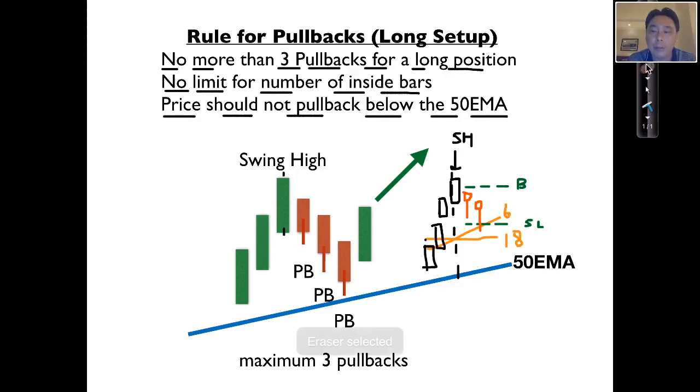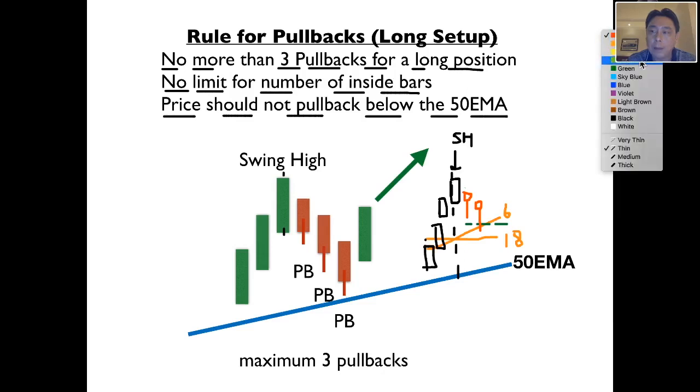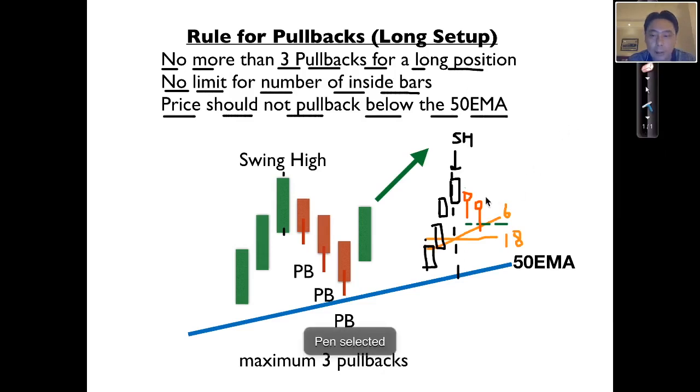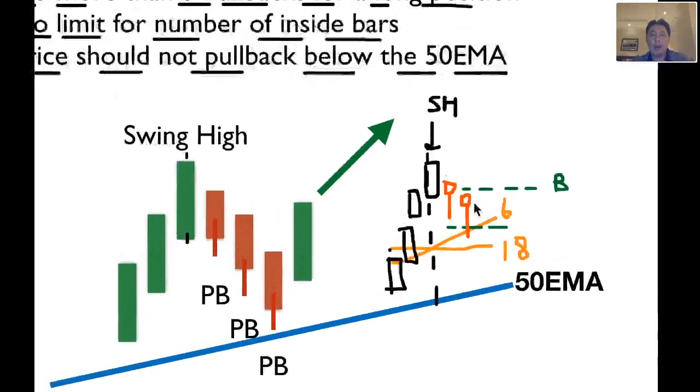In this case, I will then cancel my initial buy order, cancel my initial stop loss, and now my new buy order will be above the high of this candle, because this is the last pullback that we have. So initially this was the trigger candle, but it didn't get triggered, so now this is my new trigger candle.